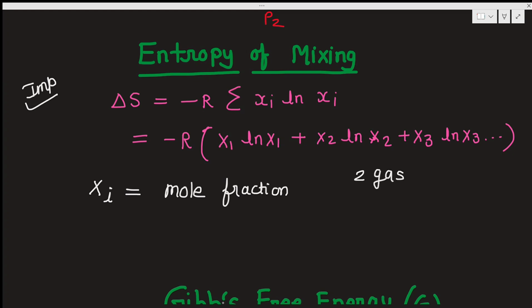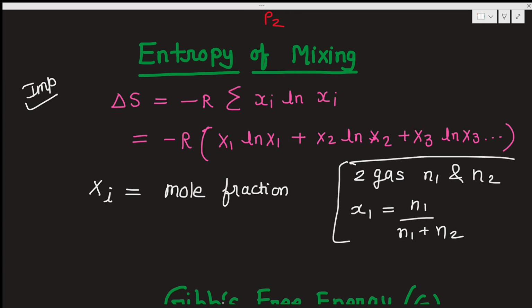Suppose there are two gases and their number of moles are n1 and n2, then x1 is given by n1 upon n1 plus n2. This is the thing that you have to remember.